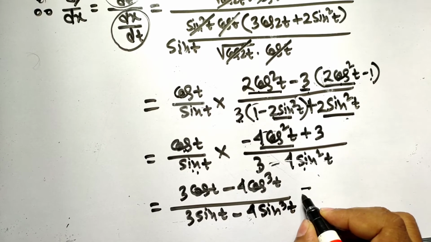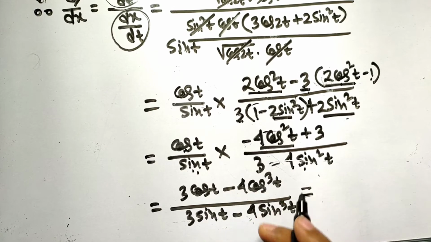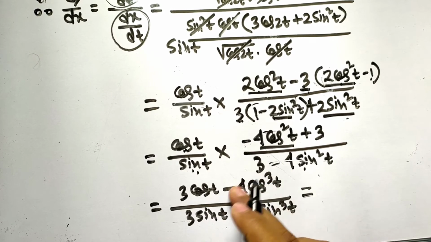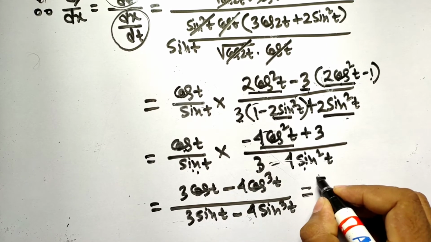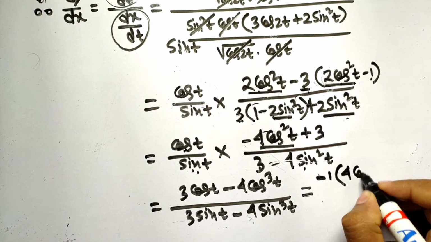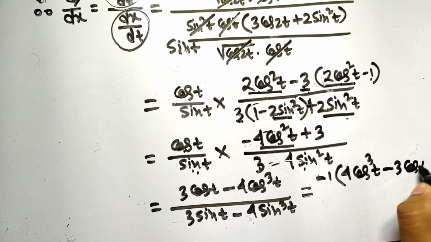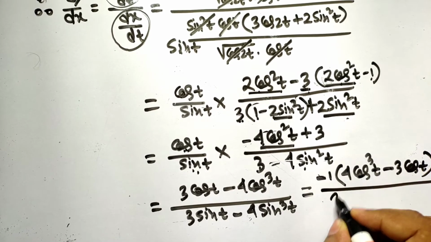Okay, now take common minus 1 from the numerator. So 4 cos cube t minus 3 cos t, you will get this line, divided by 3 sin t minus 4 sin cube t.